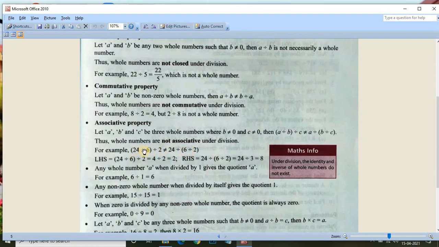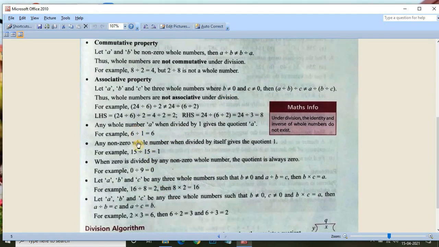As you can see, 24 divided by 6 divided by 2 is not equal to 24 divided by (6 divided by 2). LHS, the answer is 2 and here the answer is 8. So this is the difference in division. So whole numbers are not associative under division.